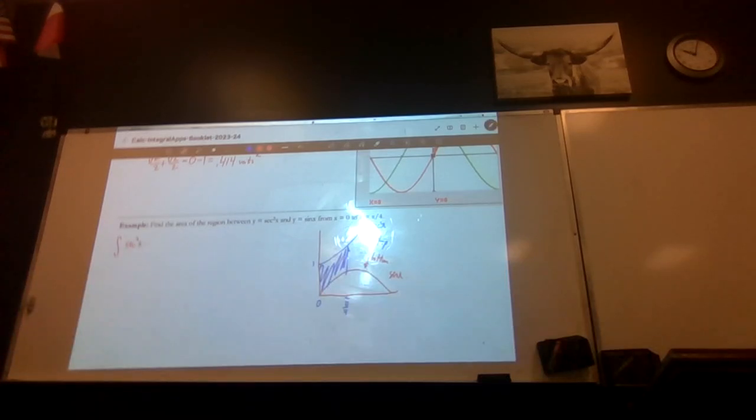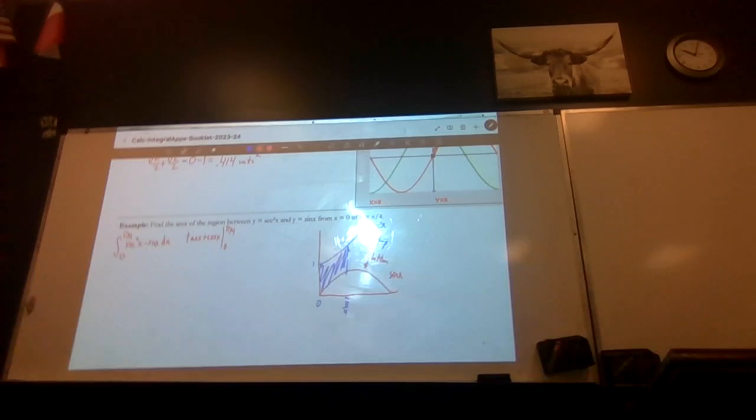Secant squared minus sine of x dx from 0 to pi over 4. That is correct. What is the antiderivative of secant squared, Emma? Tan x. And what is the integral of negative sine? Positive cosine of x from 0 to pi over 4.